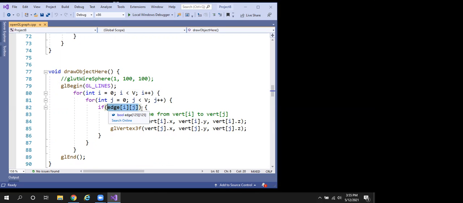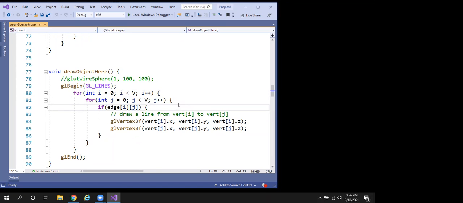And if there's an edge from I to J, where I is my starting vertex and J is my stopping vertex, the two endpoints of my edge, then I draw a line from my vertex array at point I in X, Y, and Z to my vertex array at point J in X, Y, and Z. So if I have a true, a 1, in my adjacency matrix, then I draw a line between I and J, which are representing my two vertices. Does that make sense? Any questions so far?